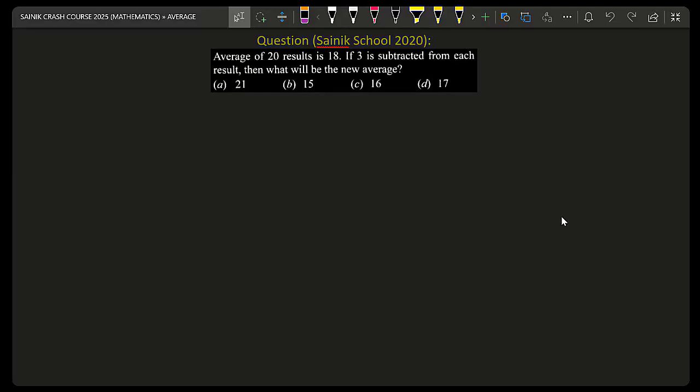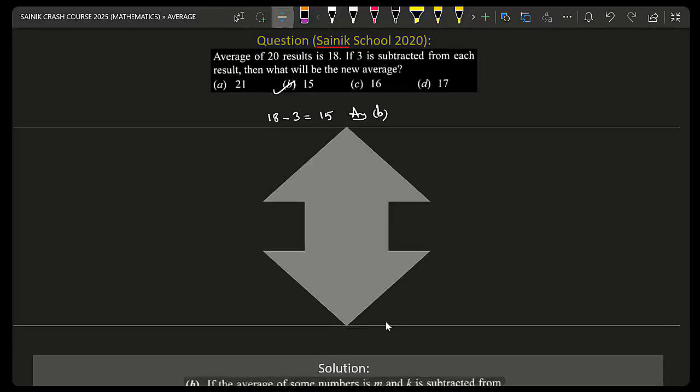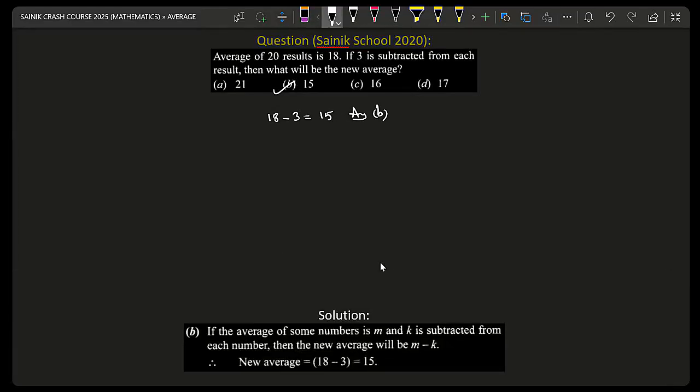Yes, so that is a property of average. If every number is subtracted by 3, the average also gets reduced by 3. So the old average is 18 and 3 we can subtract and the answer will be 15. So this is the way we can do, answer D. So which property we used? If the same fundamental operation is applied on every number while calculating average, the average also gets the same change. Okay, now you can mute yourself.